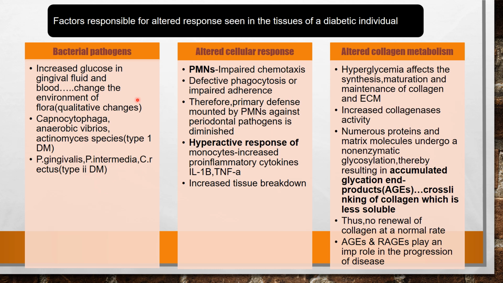So these are the bacterial pathogens, the role of bacterial pathogens. There will be an increase in the amount of pathogens, or in their quality or virulence factors. This can influence the response of the tissues.